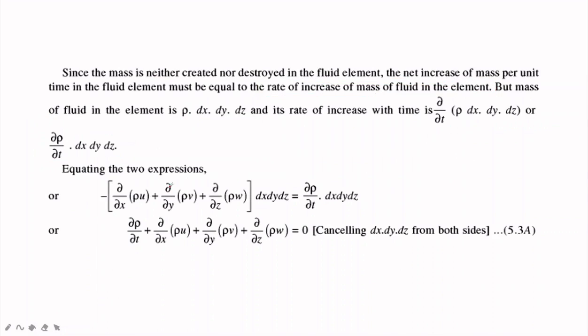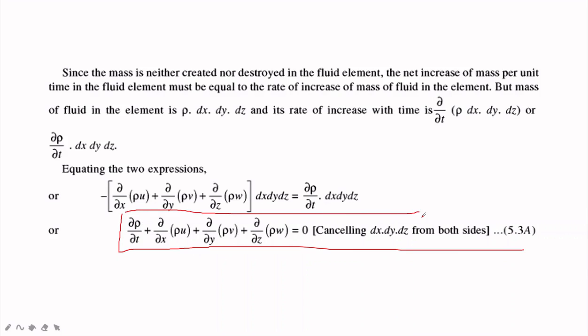Then we get ∂ρ/∂t plus ∂(ρu)/∂x plus ∂(ρv)/∂y plus ∂(ρw)/∂z is equal to 0. Here we cancel dx dy dz on both sides, take the remaining terms to one side, and simplify to get this.